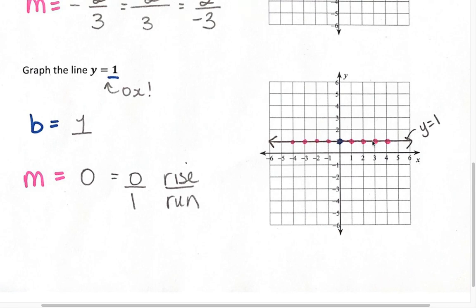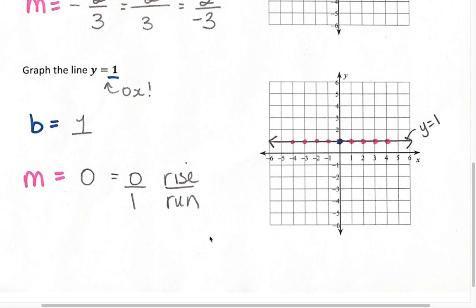Okay, so you can see that a rise of 0 just means I'm going to basically flatline it across in this direction. I could also do 0 over negative 1, and I still get 0. So I could rise 0, go back 1, and repeat to get points in this direction as well. And again, when I draw my line through those, line them all up, I get this flat line here.